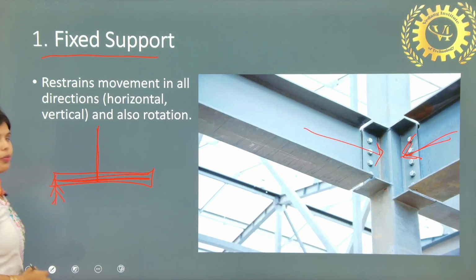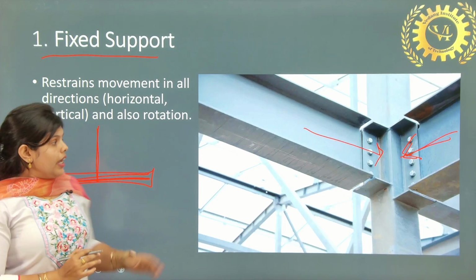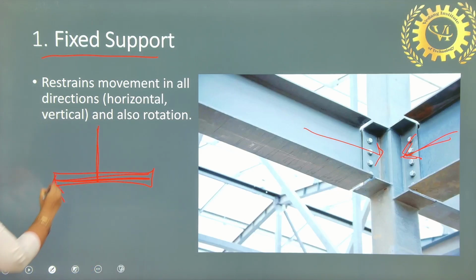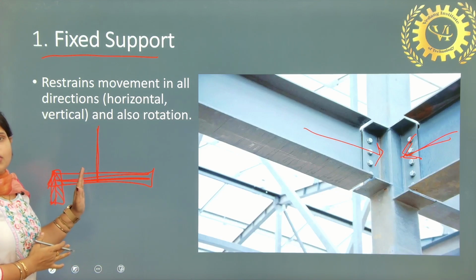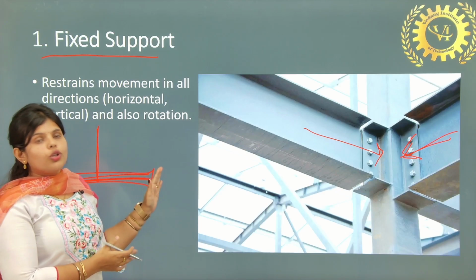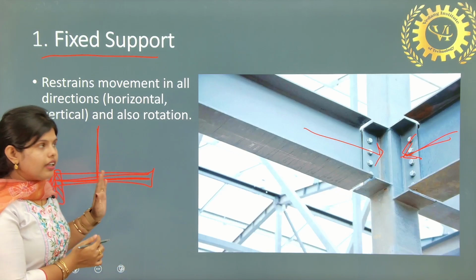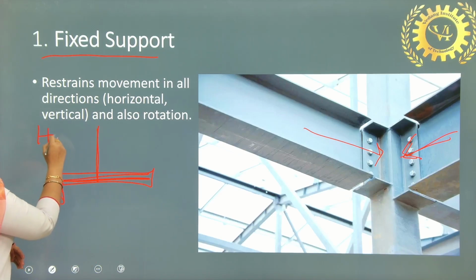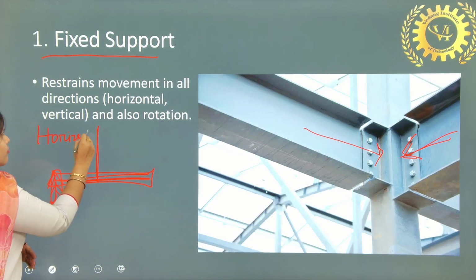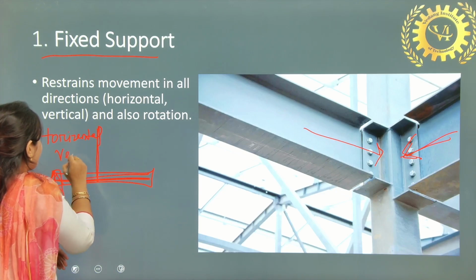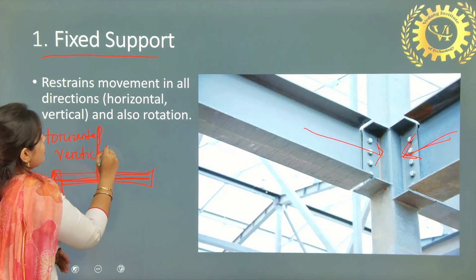What will a fixed support do? The reaction will come, as it can resist the force or the load in 3 directions: horizontally, vertically, or rotationally.